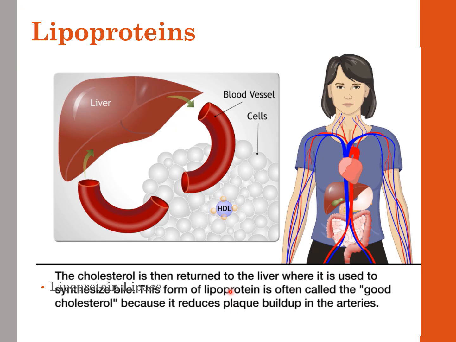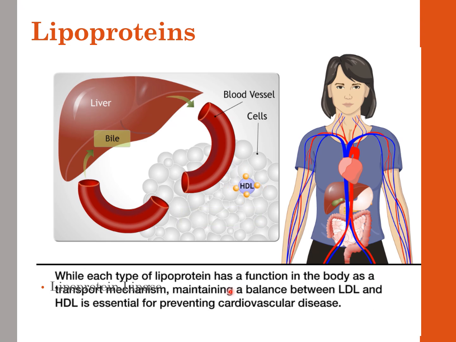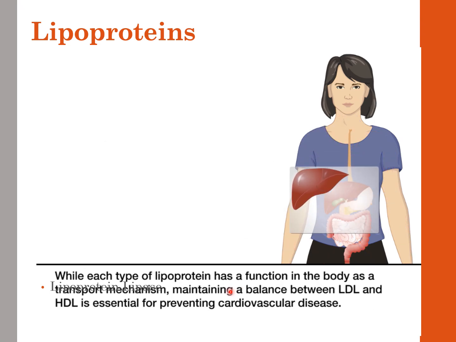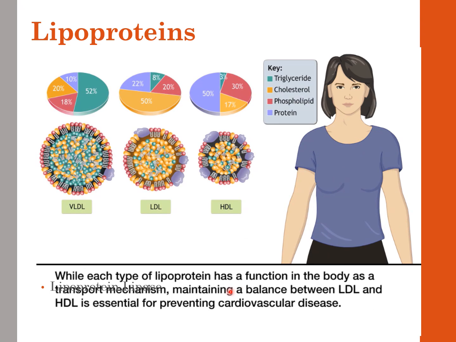The cholesterol is then returned to the liver, where it is used to synthesize bile. This form of lipoprotein is often called the good cholesterol because it reduces plaque buildup in the arteries. While each type of lipoprotein has a function in the body as a transport mechanism, maintaining a balance between LDL and HDL is essential for preventing cardiovascular disease.